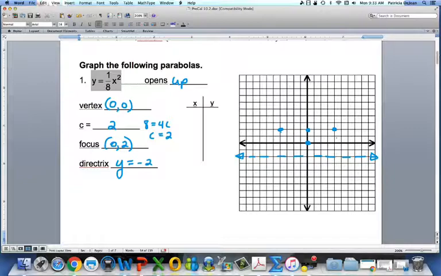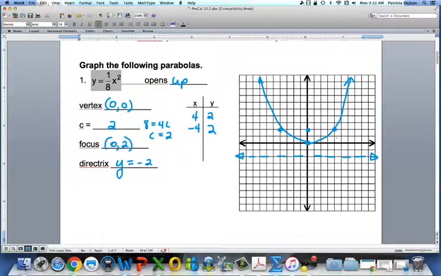And so those points are at 4, 2, and we can put that on this little table, 4, 2, and at negative 4, 2. That's where those 2 points are found along the edge of the parabola. And we take those points and we just draw in the parabola going through those points. Okay? And that's how you're going to do this.